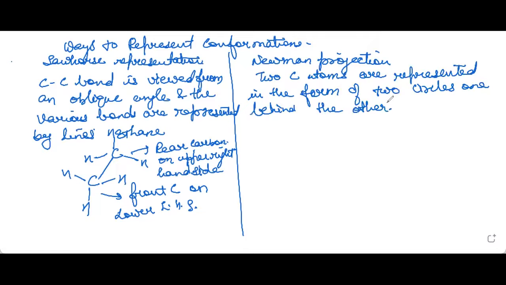Okay, now if we look at the front carbon, I think I should first show it to you, then we will be writing it so that you can understand it better. Now we are considering the 2 carbon atoms in the form of a circle. The front carbon atom will be presented by a point, a dot.